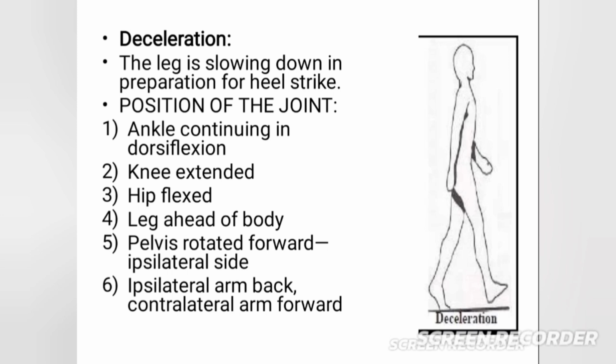You can see the right limb, the knee is extended, your hip moves into the flexion position, the leg is ahead of your body, pelvis rotated forward on the ipsilateral side, and ipsilateral arm backward and contralateral arm forward. So the right arm, you can see, is moving in the backward direction, and the opposite arm is moving in the forward direction. So that is the deceleration phase, the last phase of your gait cycle according to the traditional method.